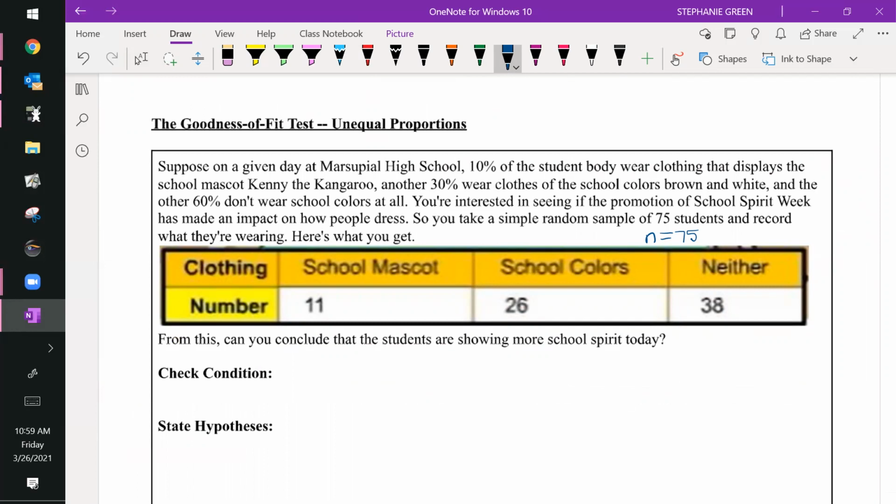So, as we said, 10% would wear the mascot. So, what is 10% of 75? Take 75, multiply it by 0.1, we get an expected value of 7.5. We also expect to have 30% that wear school colors.